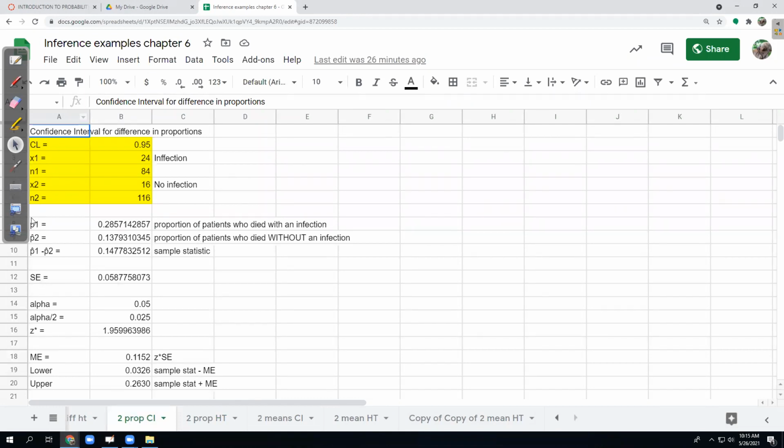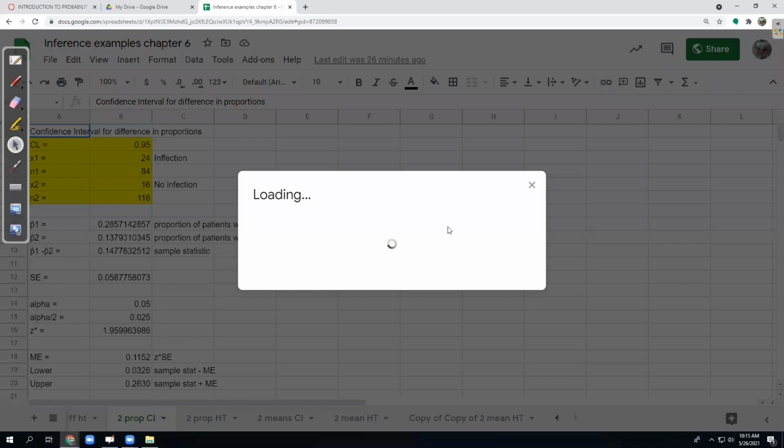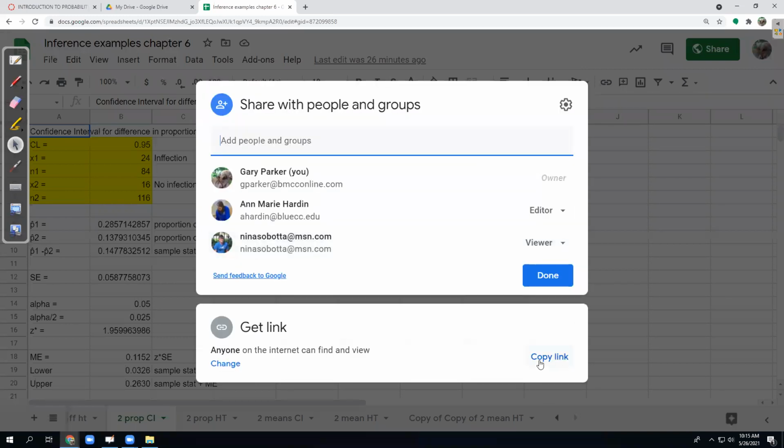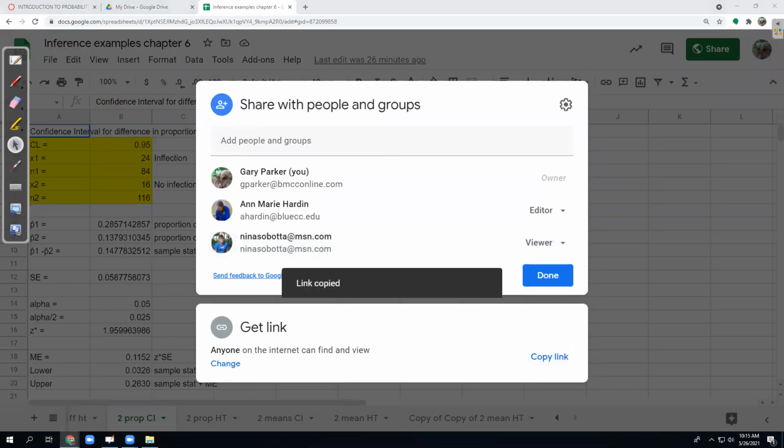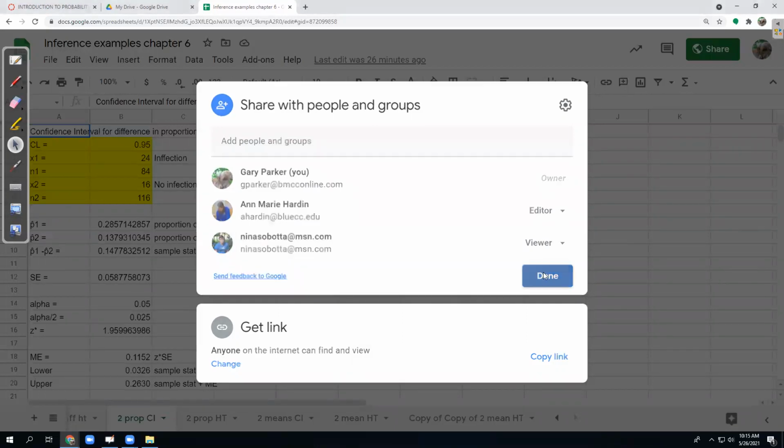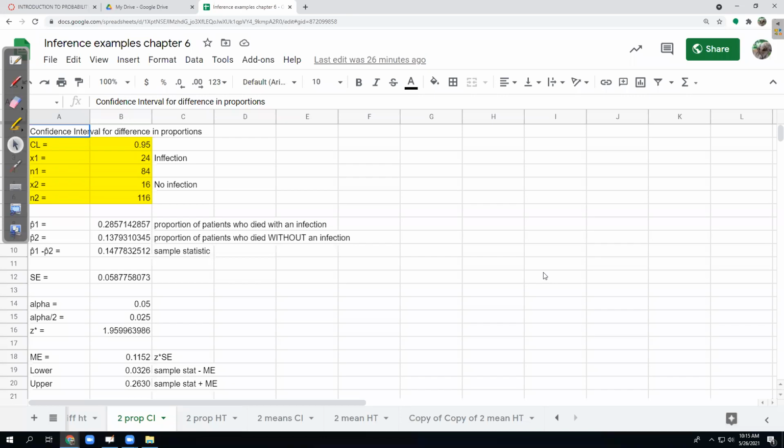So let's share. I'll put this in the chat and in the video. And I'm going to add a couple more tabs to this today for the means. All right, so there's the link to the spreadsheet. And this is the same spreadsheet I linked to last time. I've added a couple of tabs since then.